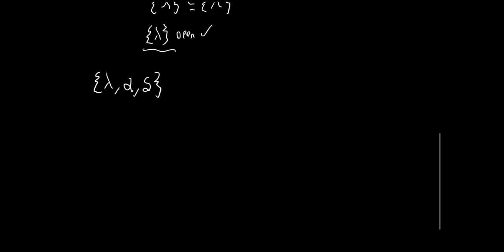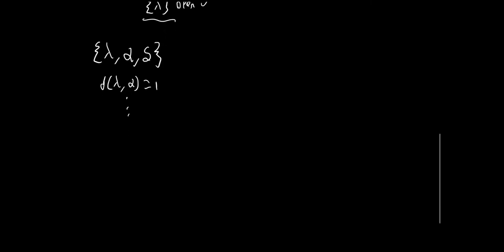So we can use the same logic for pretty much any set in the discrete topology. Let's say we have this set, which is just lambda, alpha, and delta. Well, like we did before, every possible distance from every point is 1, unless it's the same point. So the distance between lambda and alpha is 1, and so on. So we can pretty much do the same thing we did with the singleton sets, but for each point here.